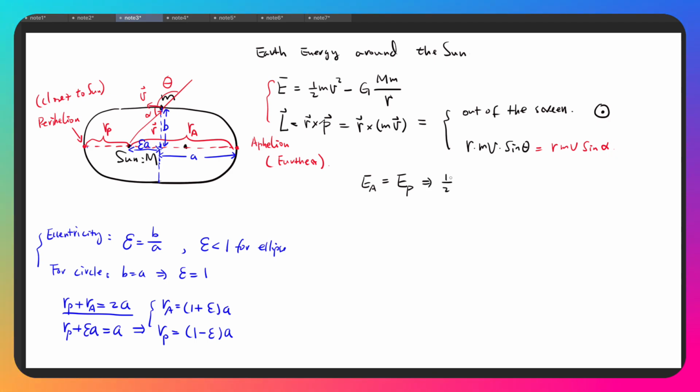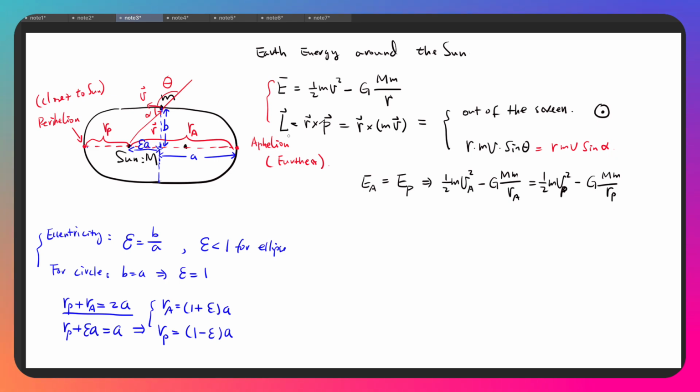We get 1/2 m VA squared minus GMm over RA equals 1/2 m VP squared, VP for perihelion, minus GMm over RP. This first equation we can write out.